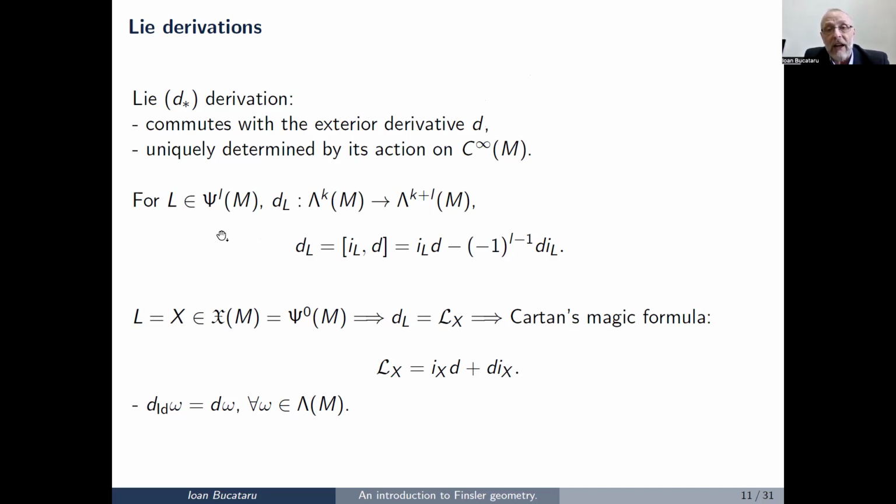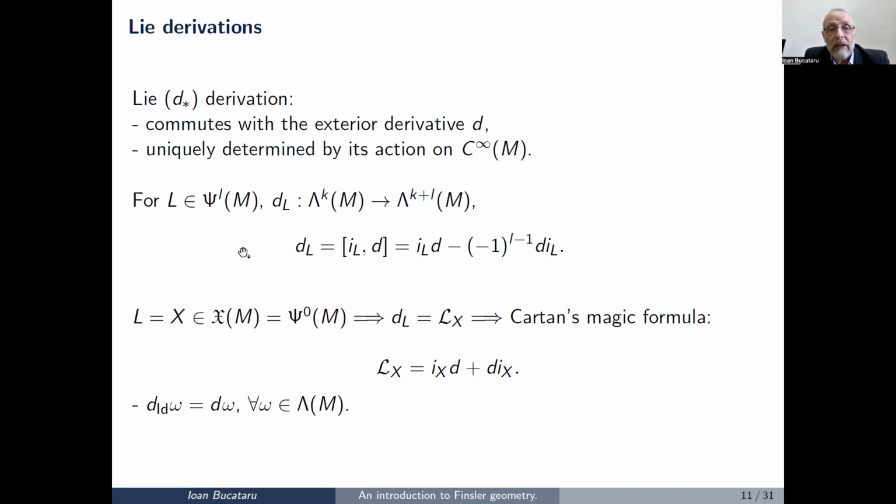And here again, I gave an example of a Lie derivation. If I have a vector valued form L, then we can define this d_L, this Lie derivation, in the following sense. It is precisely the commutator of i_L that I just defined and the exterior derivative. It is a derivation of degree l.